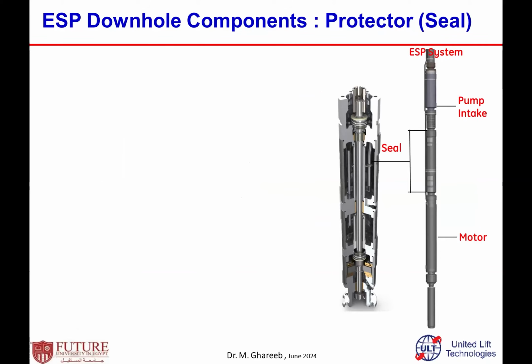Does it only protect the motor from the produced fluid, or does it have some other function? Since they are using a piece of equipment, why not get more benefit from it?